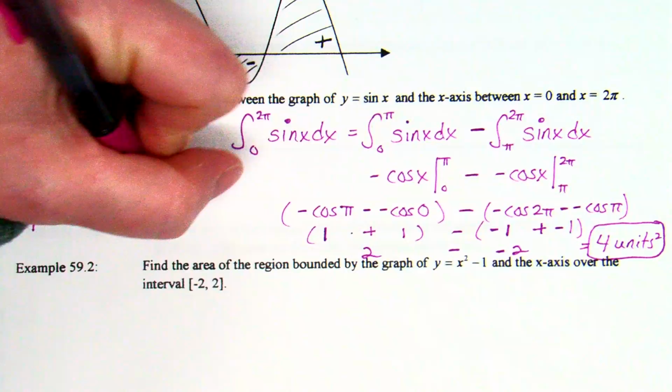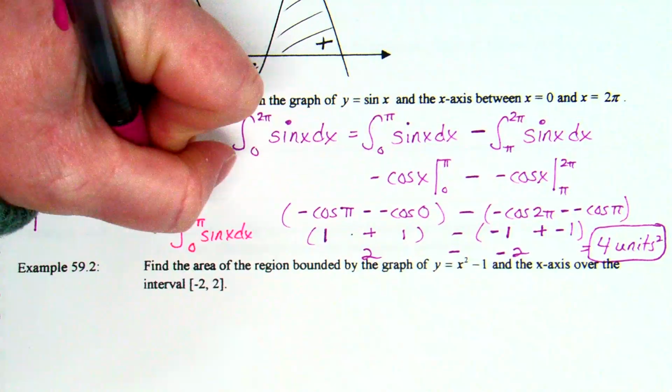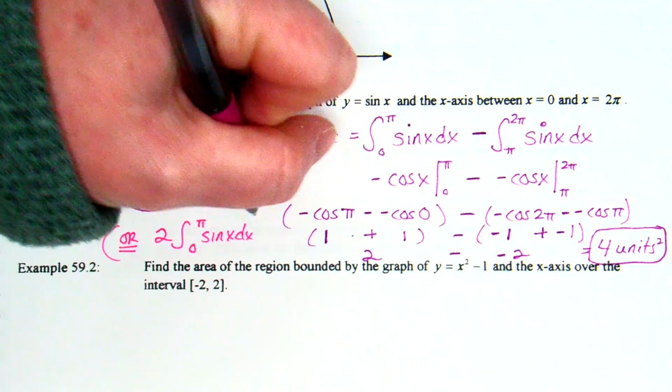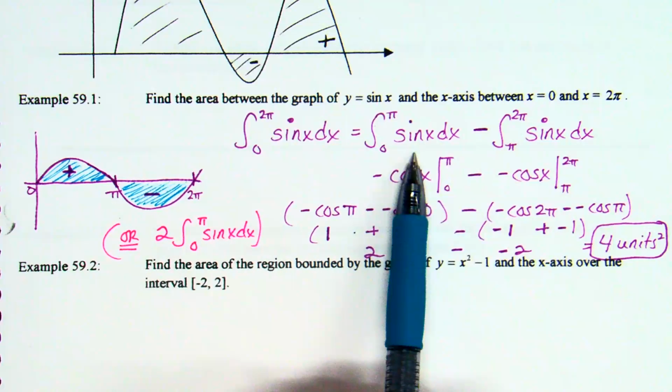So you could have done the integral from 0 to pi of sine x dx, and then take that integral and multiply by 2. That is a valid supported option. Because notice, what did we get on the integral from 0 to pi of sine?